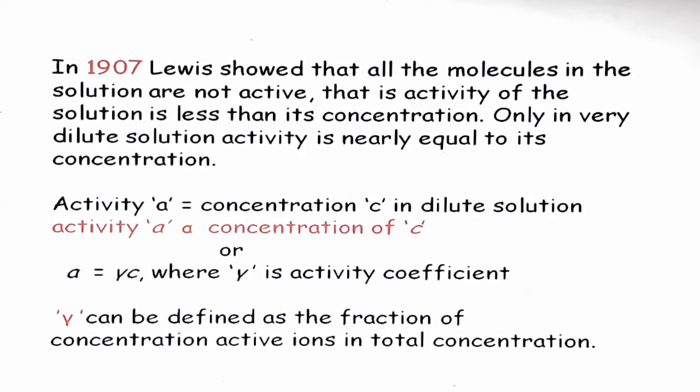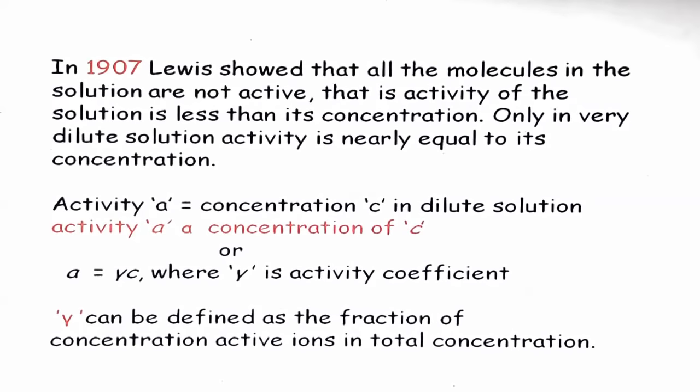Out of the total ions present, how many ions are active is called the activity coefficient. So we have to understand the meaning of activity coefficient. Activity is equal to gamma C, where C is the concentration of that solution.